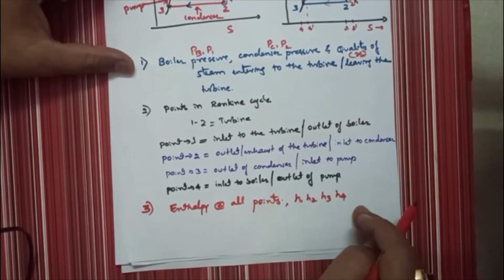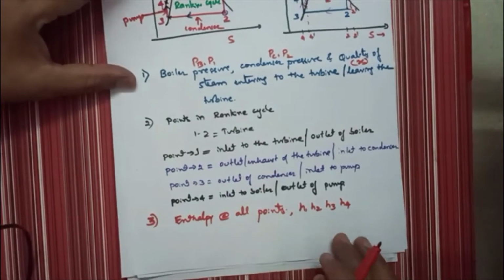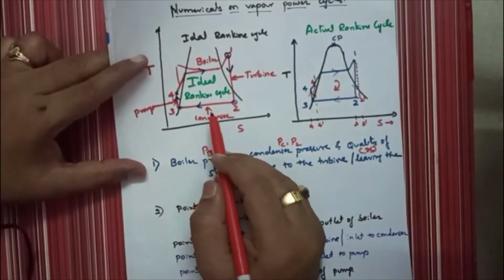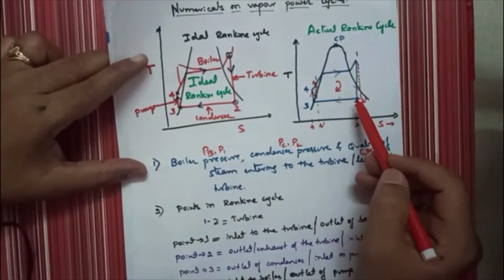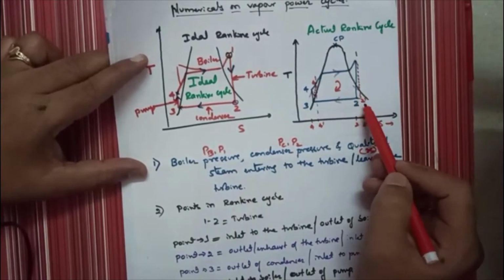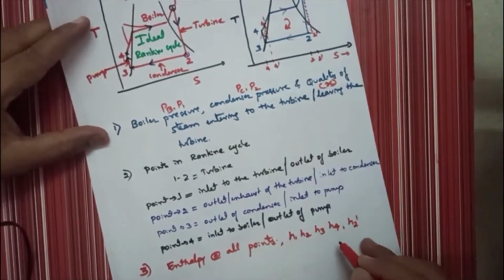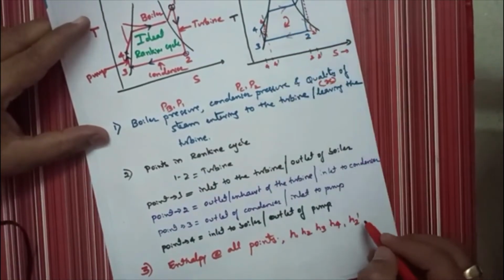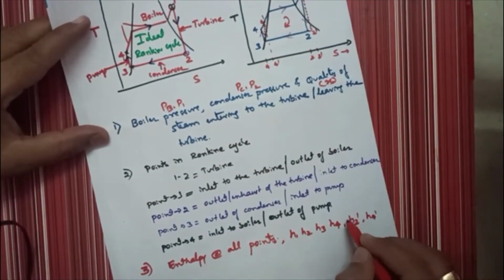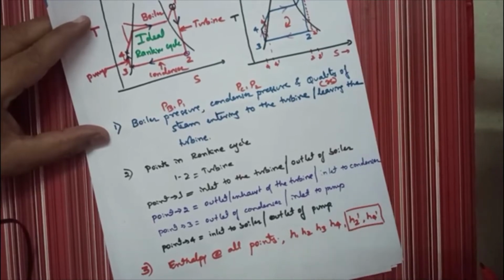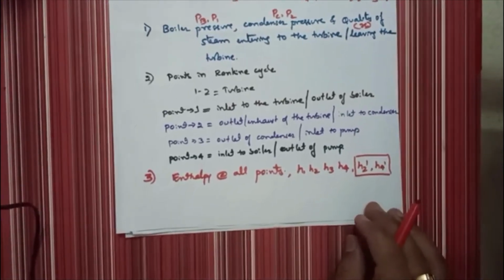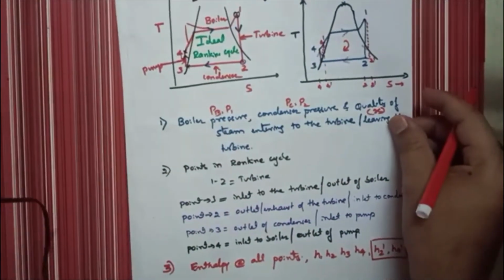All 4 points, if it is an ideal Rankine cycle numerical. If it is an actual Rankine cycle, you need to calculate 2 more enthalpies, that is H2 dash as well as H4 dash. Understood? This is the third point.